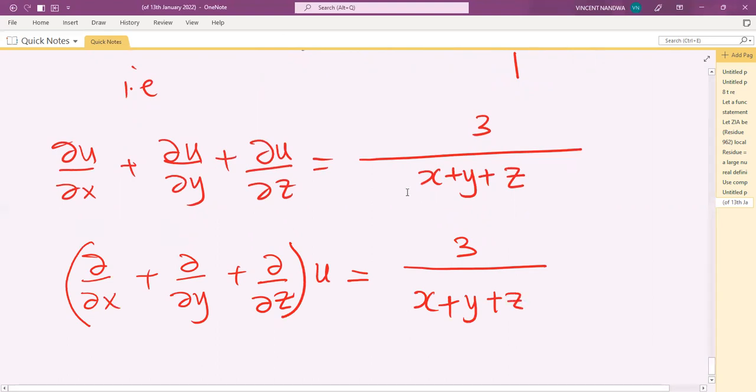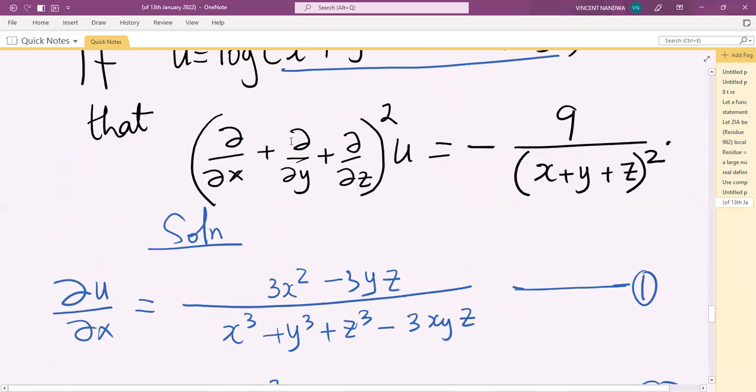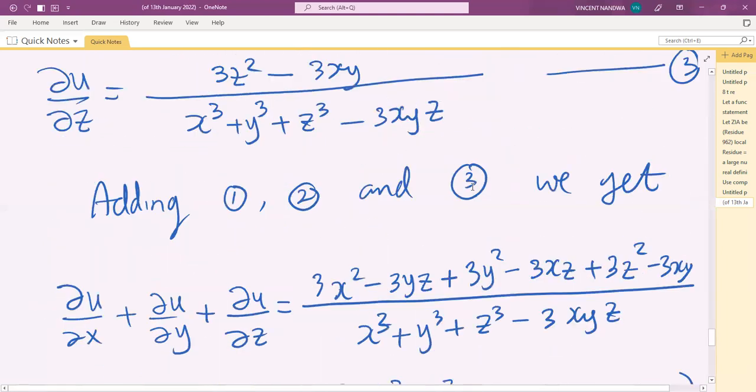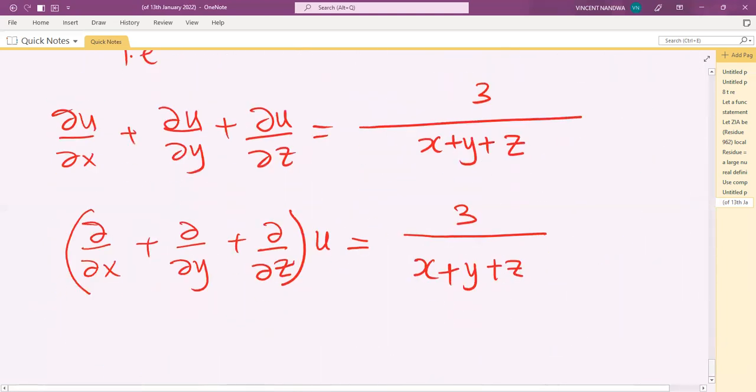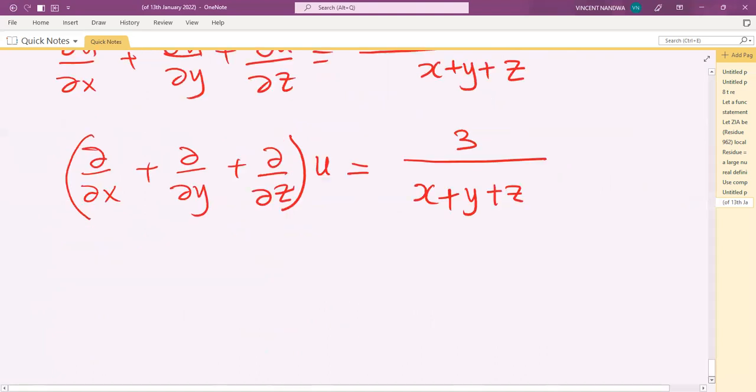So in the question, they wanted us to show that when we square, then we should get -9 over the square of the denominator.